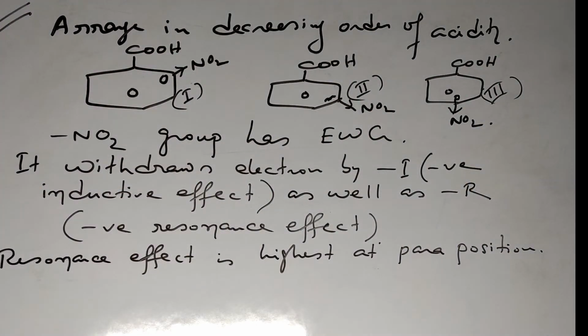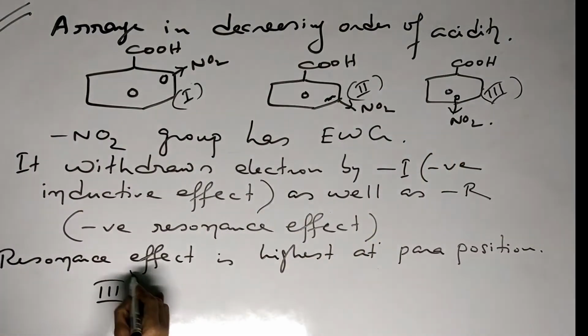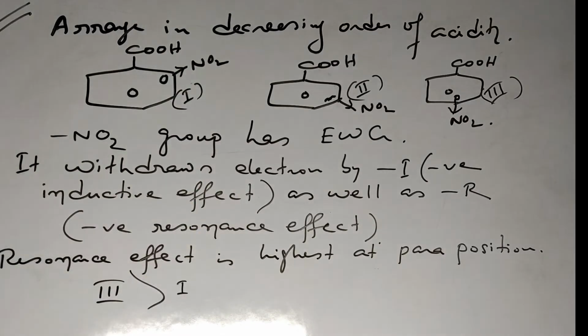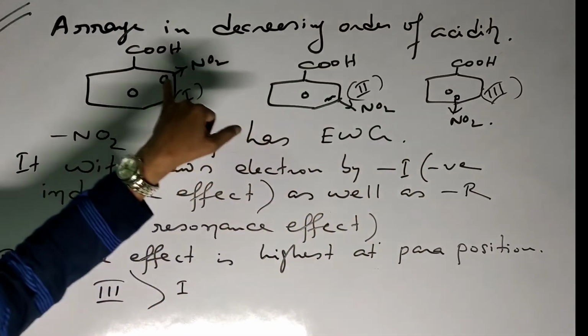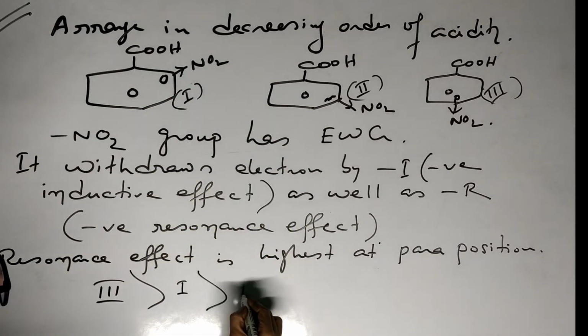I know you will tell me the strongest acid is para-nitrobenzoic acid. So the decreasing order of acidity is very easy: 3, because it has resonance effect at para position, is greater than 1, because resonance effect is applicable at para position and ortho position, not meta. So meta is least acidic.